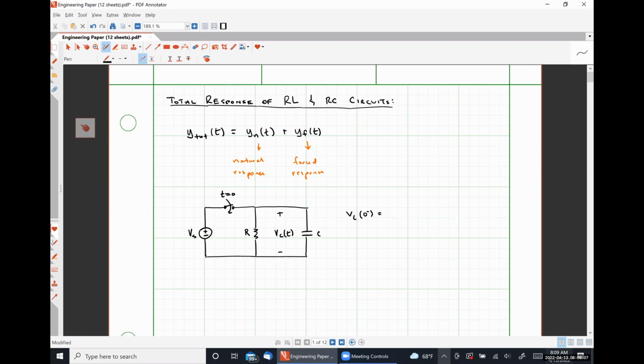So the switch is open at t is equal to 0 minus, which means the source isn't connected. So the voltage drop across the capacitor needs to be 0 volts. At t is equal to 0 plus, what's the value of the voltage drop across the capacitor?